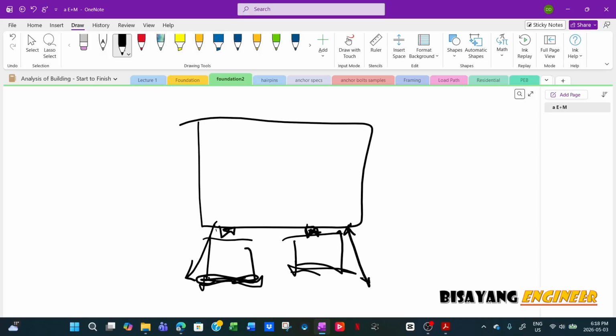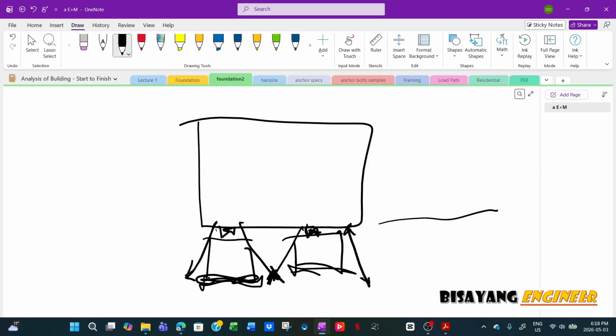If you cannot have that on this side, you can have this side. Just alternate so it won't overlap their stress, like the ground stress. When you pull that one, it will be the same.